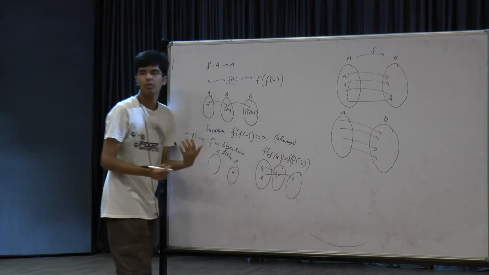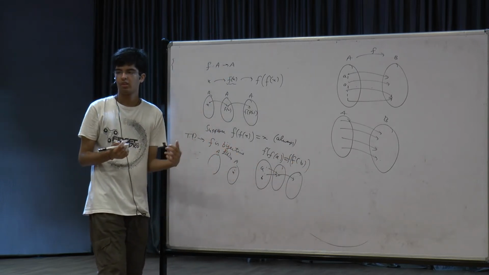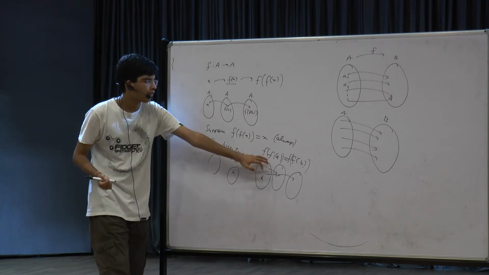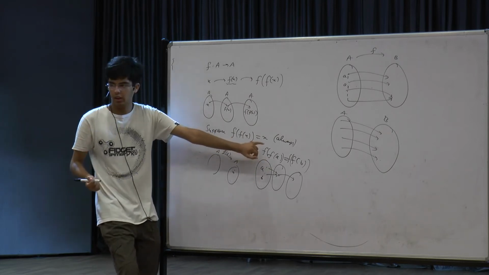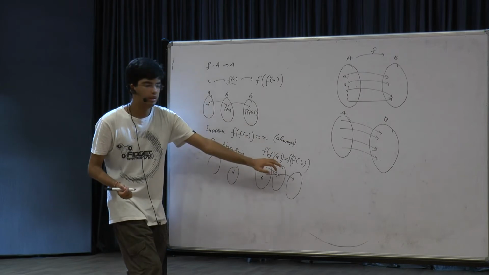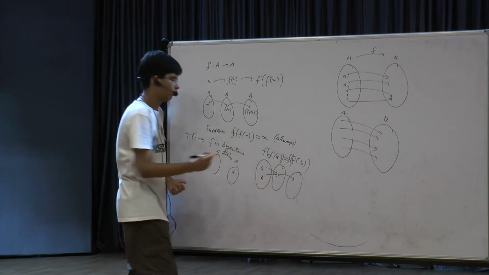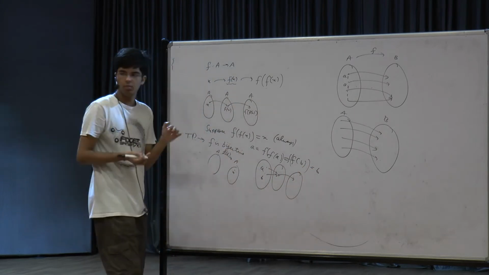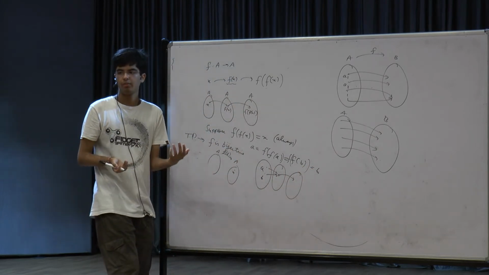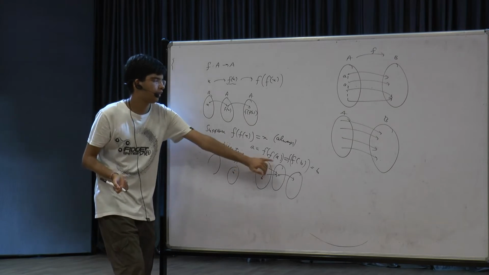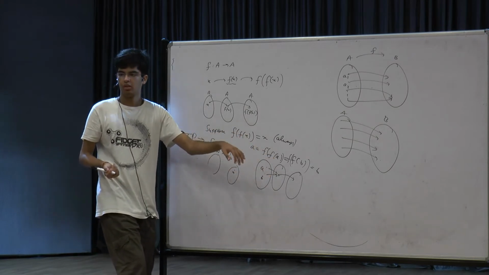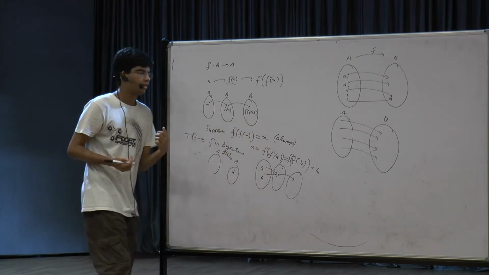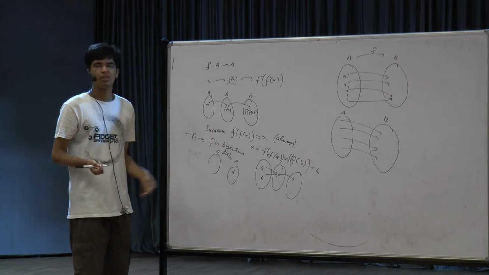If you apply f on two equal things, you'll obviously get equal things. But f of f of a is given to be a, and f of f of b is given to be b. So anytime two things go to the same thing, they have to be the same, because we have shown that if f of a is f of b, we get a is b. So that is our argument here, and that solves the exercise.